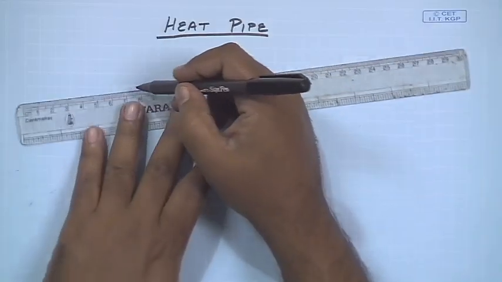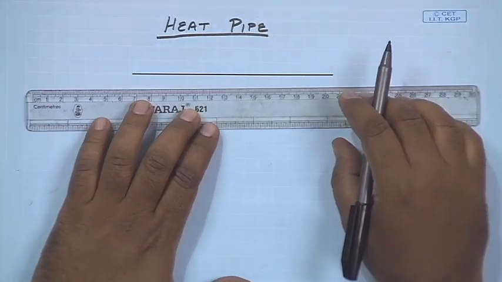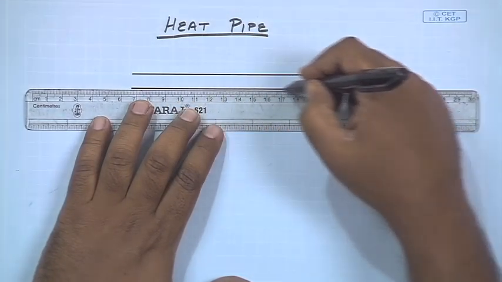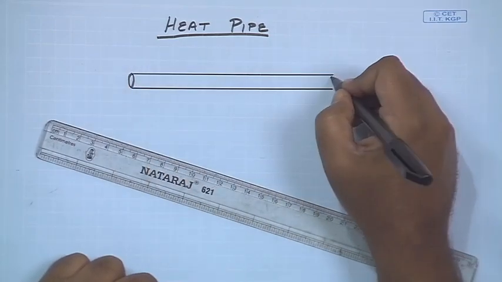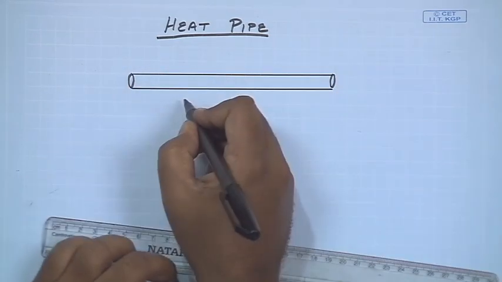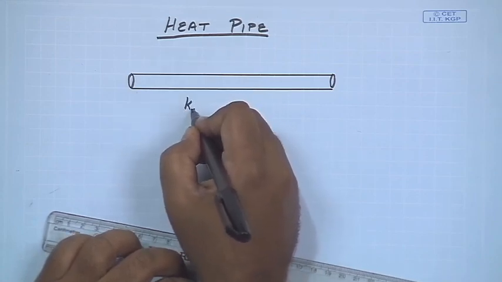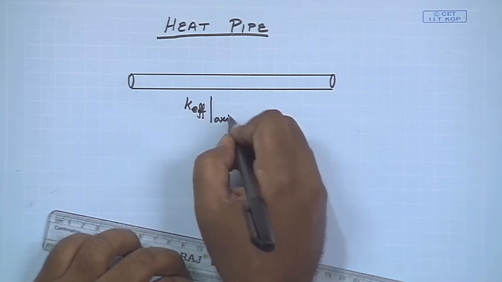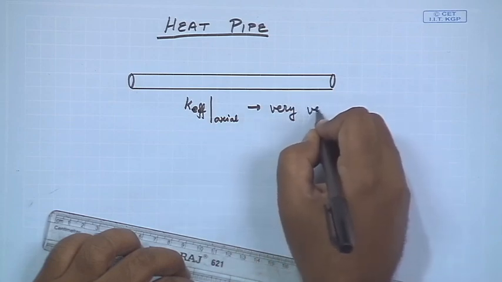So let us say if I draw something that looks like a pipe in this manner and call this a heat pipe, then the effective conductivity along the axial direction, K effective, is very high.